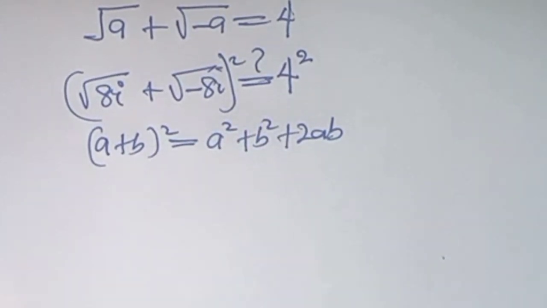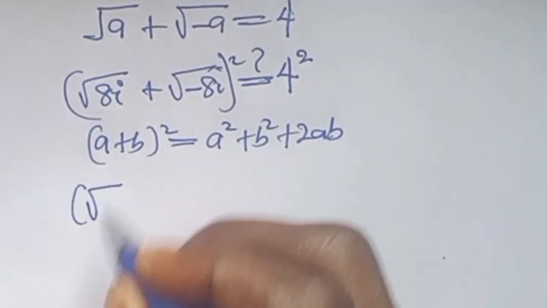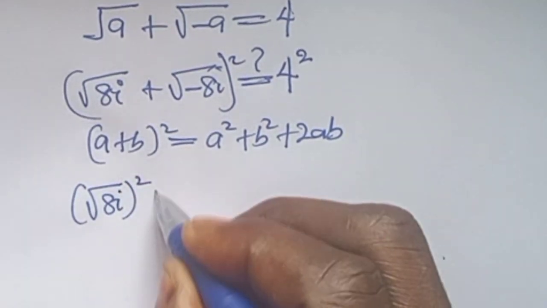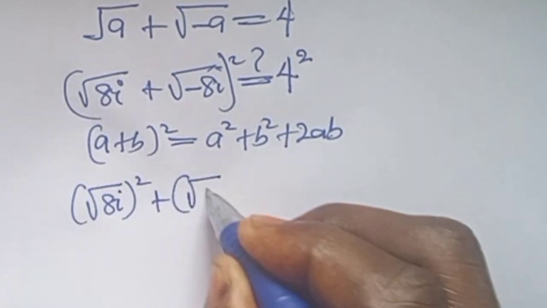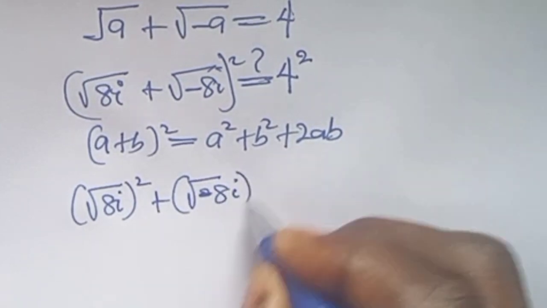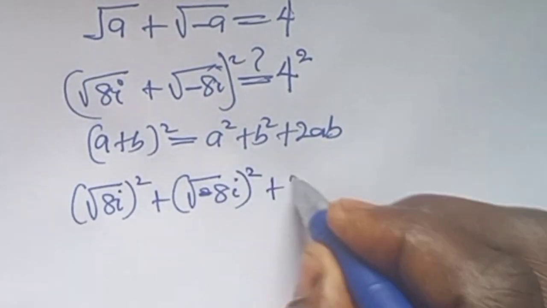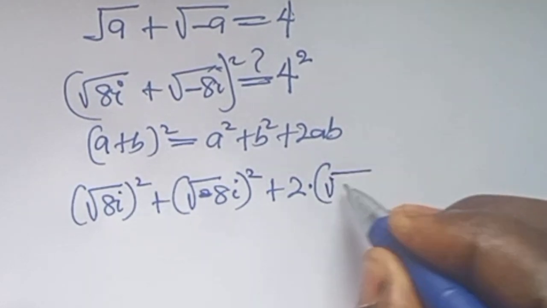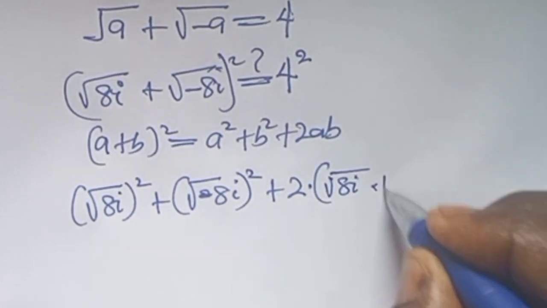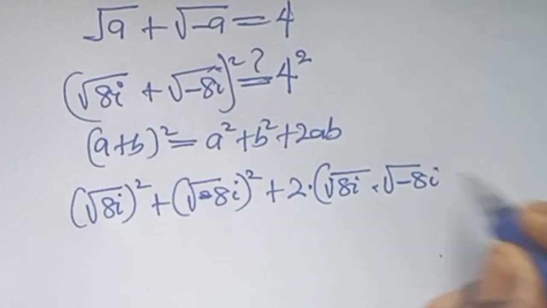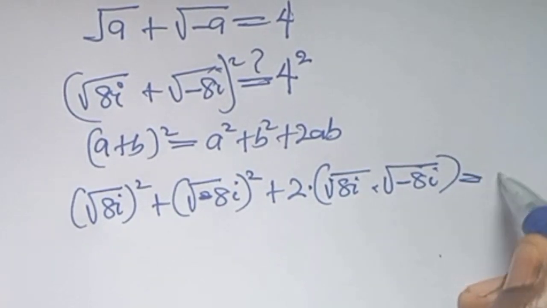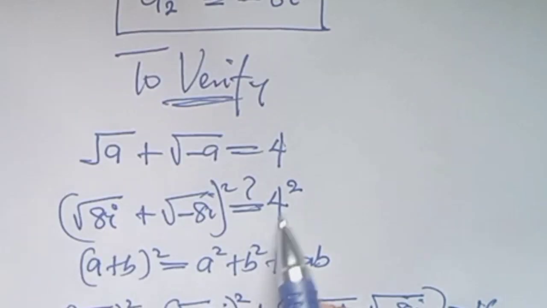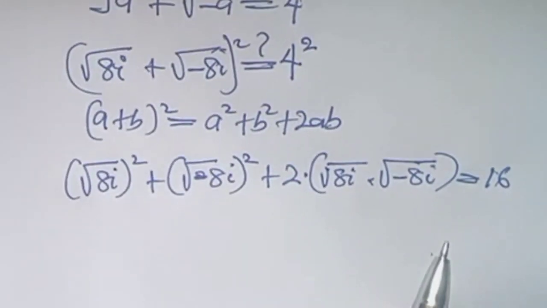So if we agree on this, the next line becomes square root of 8i to the power of 2 plus square root of minus 8i also to the power of 2 plus 2 times square root of 8i times square root of minus 8i, all equals to 16, because 4 to the power of 2 is 16.